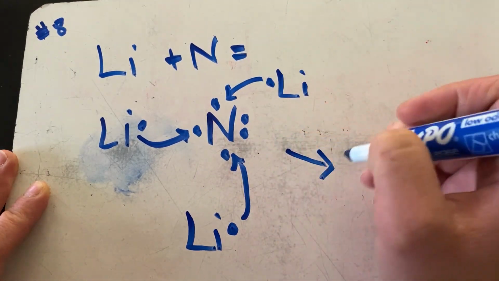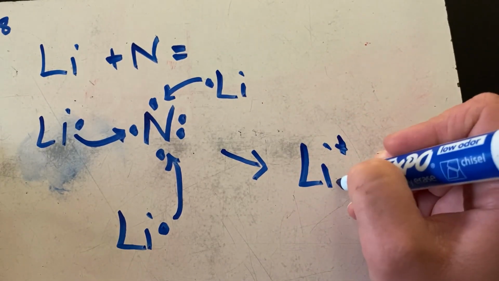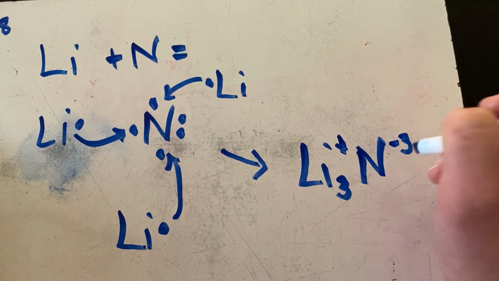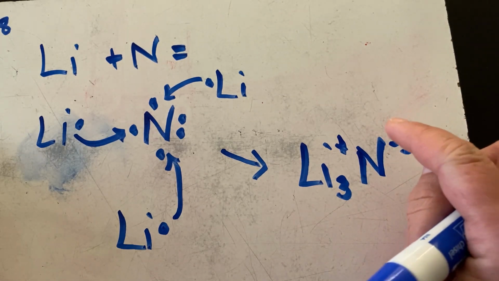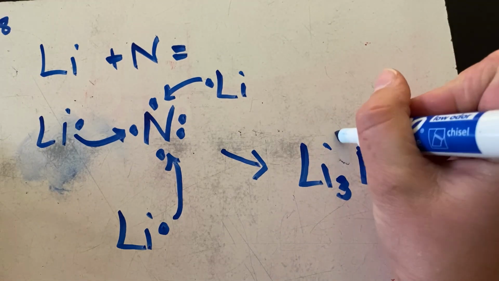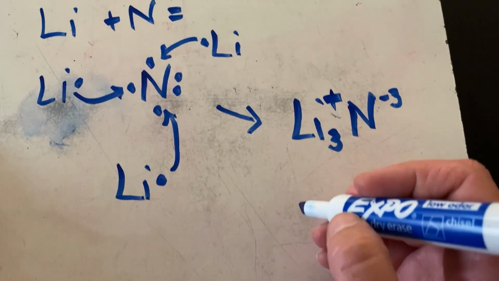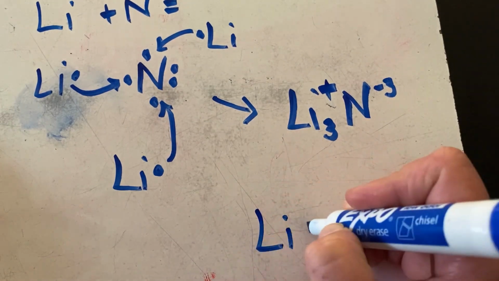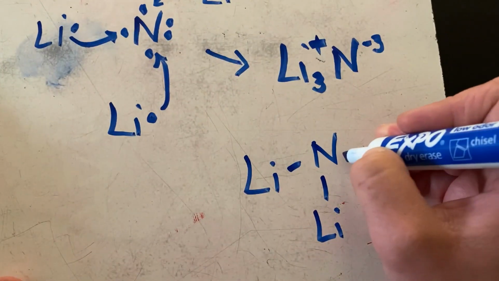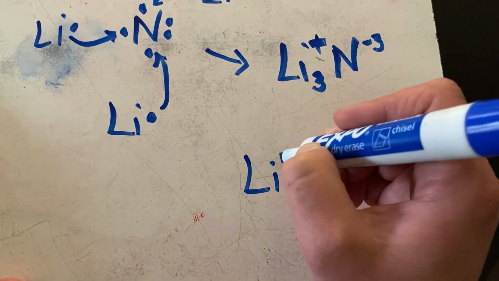So in the end, you're going to have Li plus, and there's 3 of those, N minus 3. And if you want to draw it as a bond, you can do Li, N, Li, Li, and then just put a plus after each of these.